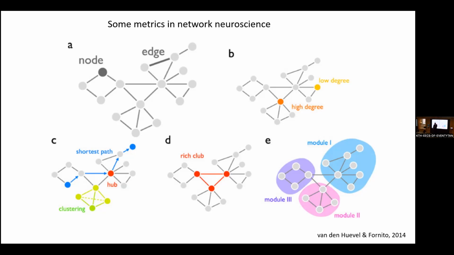And I will come back to this later because it's an important concept in terms of looking at dynamic functional connectivity. But there are many more metrics. This is just a sample.